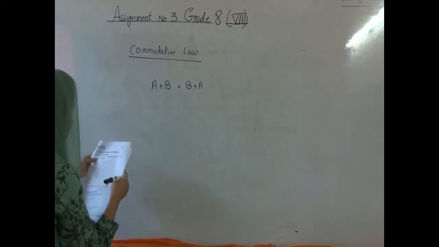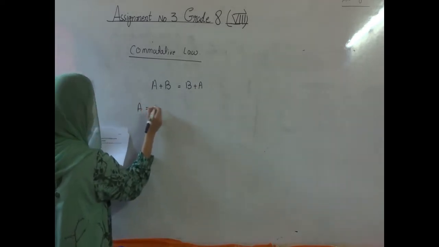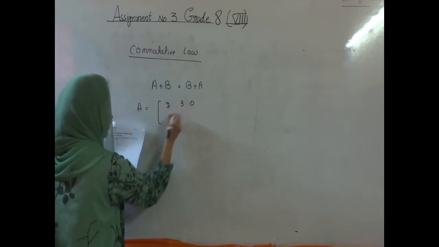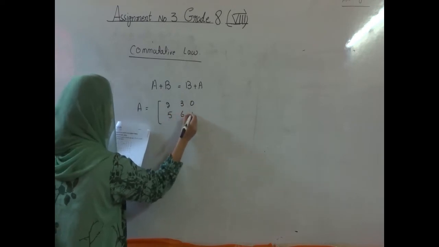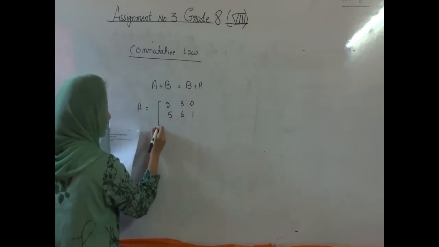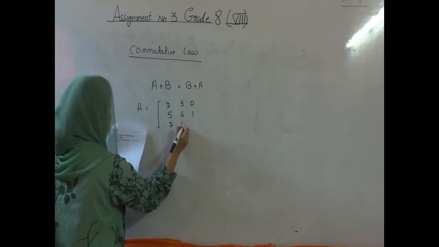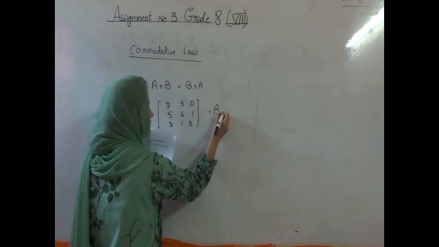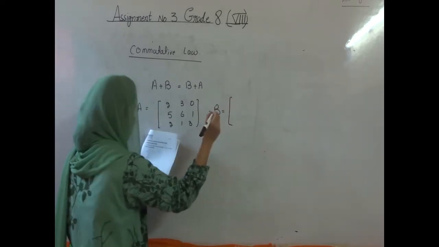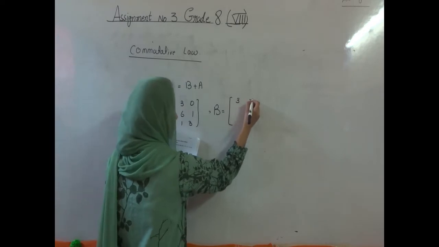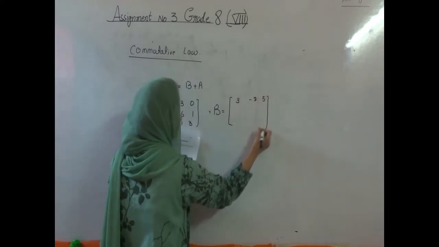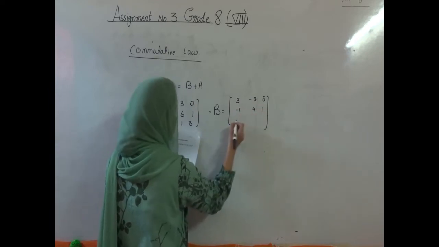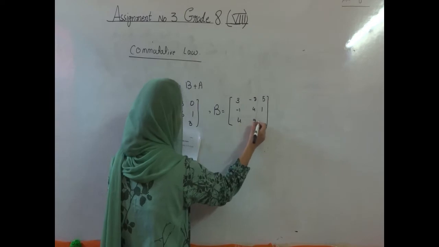So let's suppose the matrix A is 2, 3, 0, 5, 6, 1, 2, 1 and 3, and the other matrix B is 3, minus 2, 5, minus 1, 4, 1, 4, 2, minus 4.